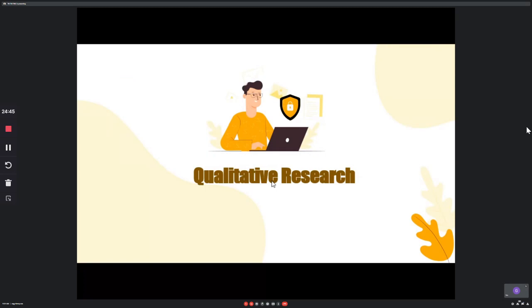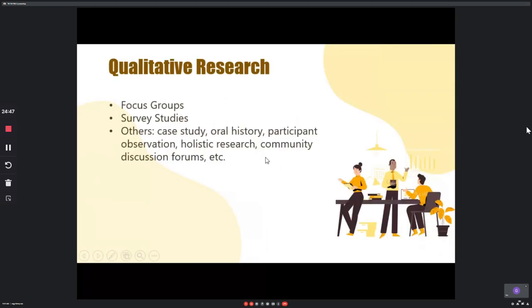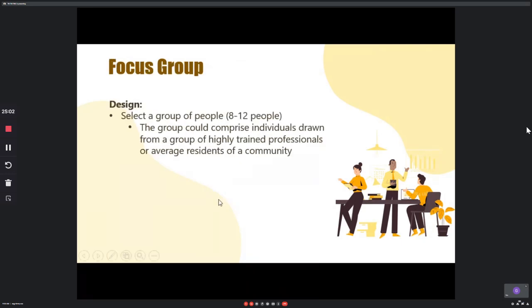Okay, qualitative research. We have different kinds of methods other than questionnaire and interview. You can also carry out focus groups, survey study, case study, oral history, participant observation, holistic research, community discussion forum, and so on. Focus group means you select experts or a small group of people and ask them to come together.